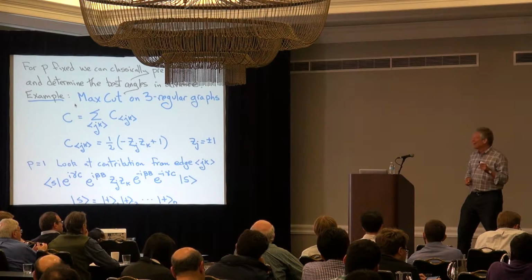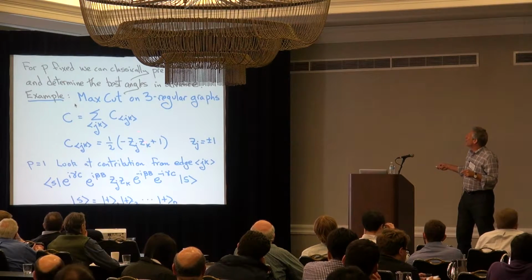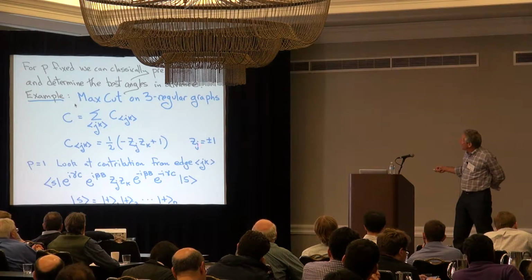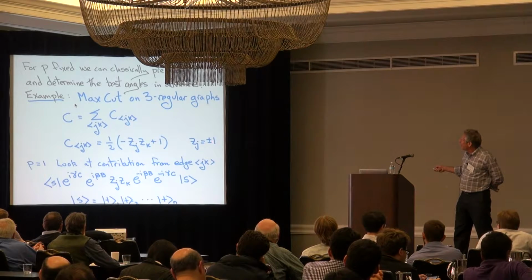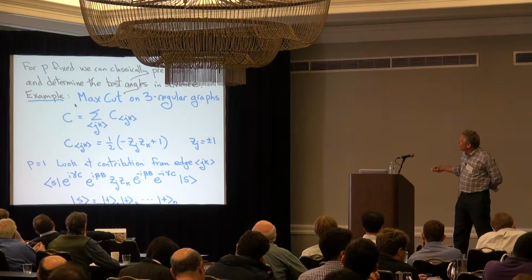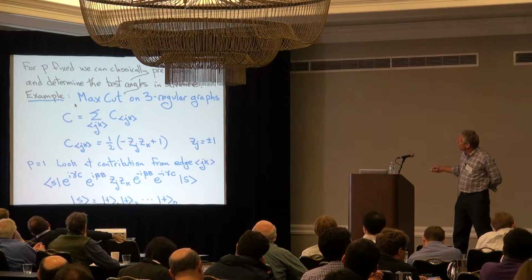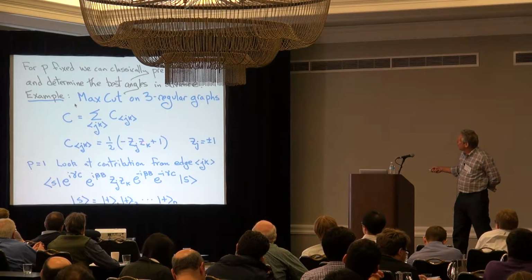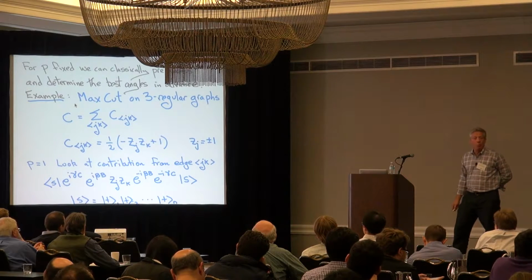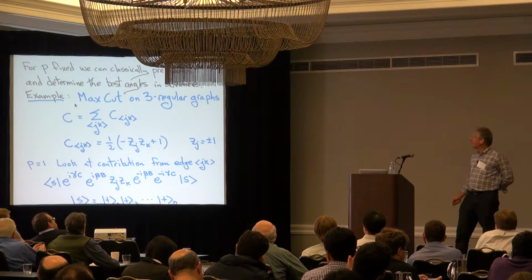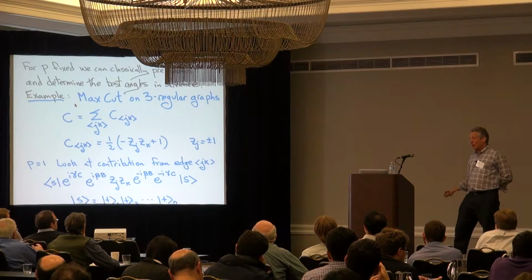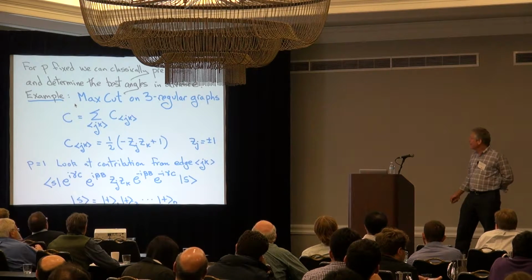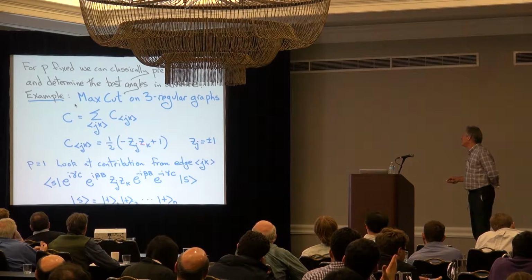I want to maximize the number of disagreements. If you look at z as a plus or minus 1 variable, then this is the cost function, because if the two z's are both plus 1, this cost function is 0. But if one z is a 1 and the other is a minus 1, the cost function is a 1. So I could call this max disagree, or we can call it max cut. That's the same thing. Okay? So what I want to do is make this as big as possible.